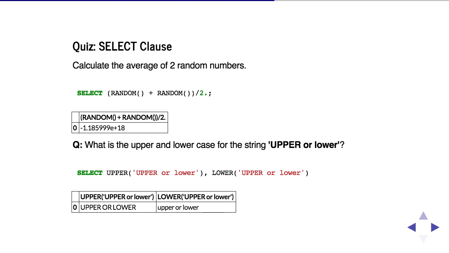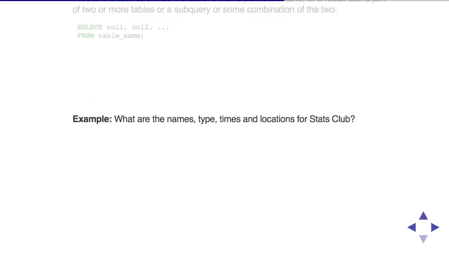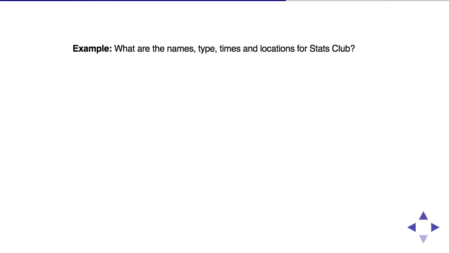Lower makes it lowercase. Next, the from clause specifies the table. So either a persistent table, something stored in memory, or the result set, or some join. So we're selecting columns from some kind of table we can construct, or a table that's already there.